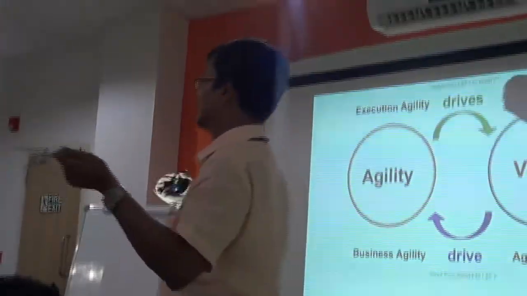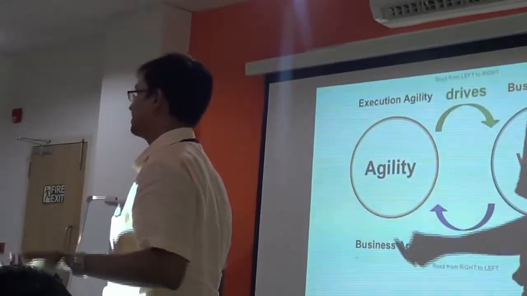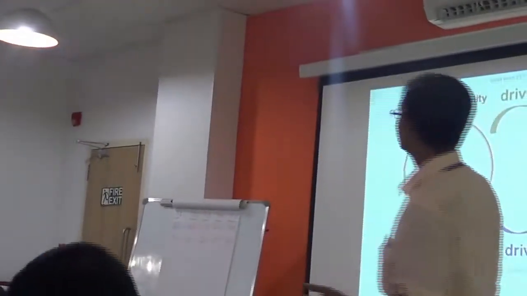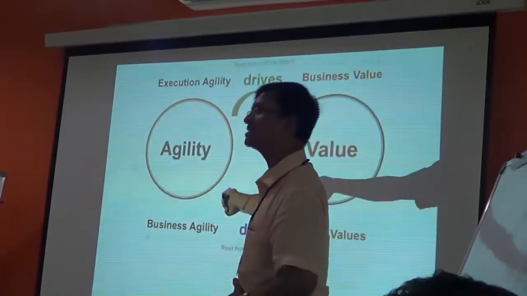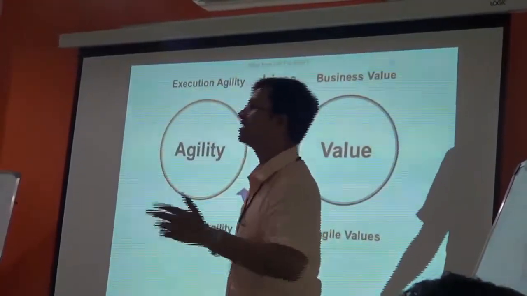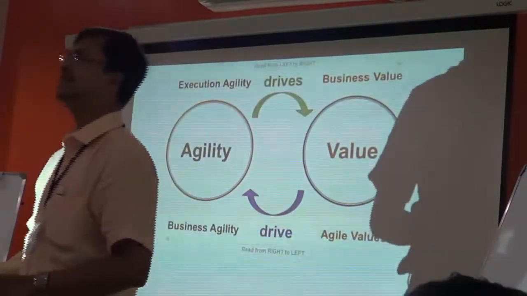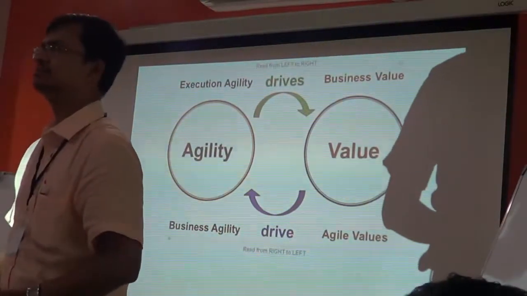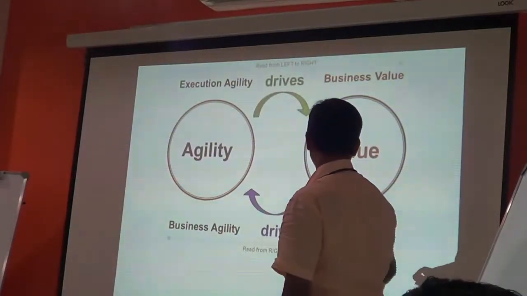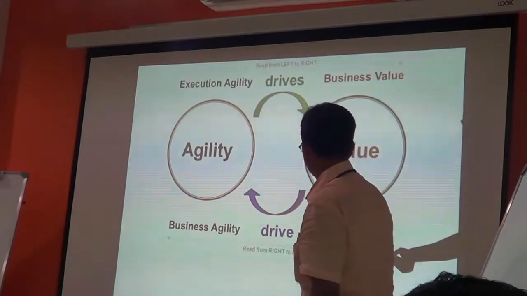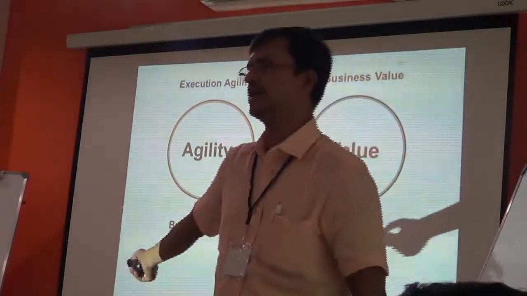You can't just get some good guys and then if they are pathetic in the execution, you fail in the execution. And that has less to do with skills, that is more to do with individual accountability and the ability to be accountable, right? So this you can read from right to left. Agile values actually will help us in that way.